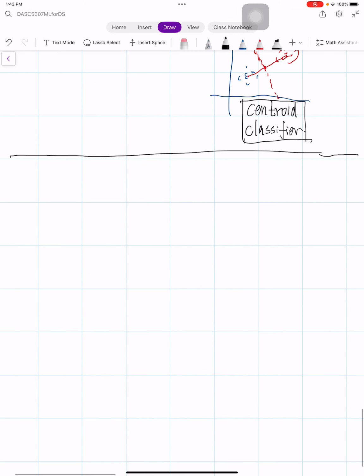So in other words, in QDA, we need mu C, sigma C, mu D, sigma D for each class.